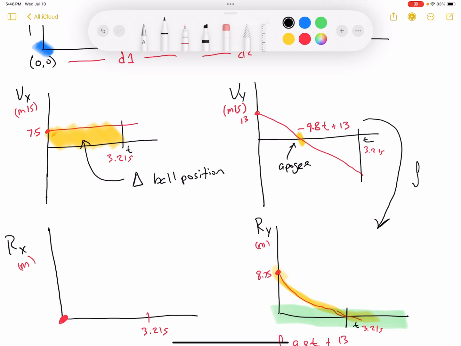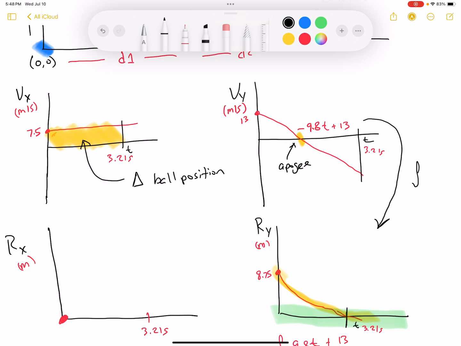So it doesn't tell you where the ball is, it just tells you how much it changed. Obviously this is a rectangle, so you could multiply 7.5 times 3.21.